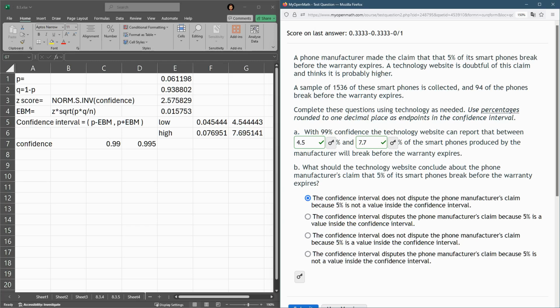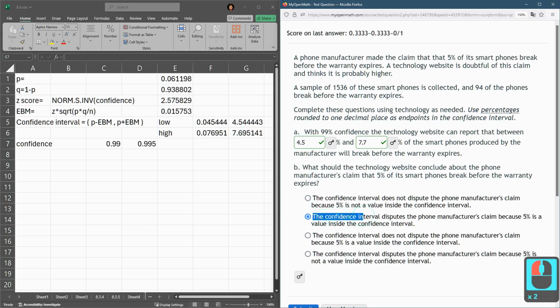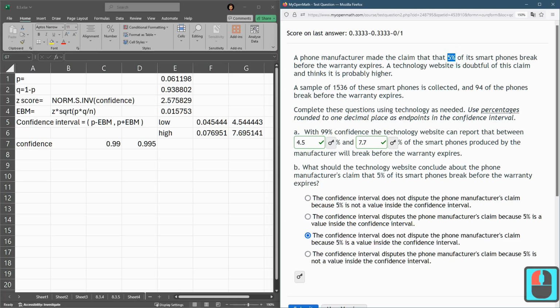All right, so it does not dispute the claim, and the reason is because 5% is a value in the interval. So 5% is reasonable because it is between the low and the high value that we computed, which means that 5% is not disputed.